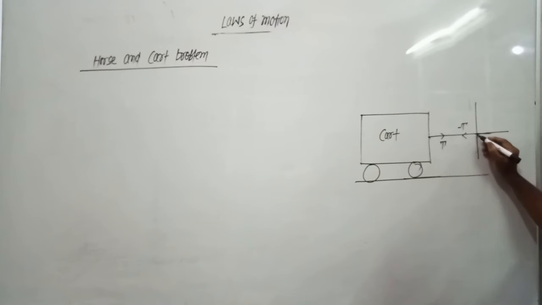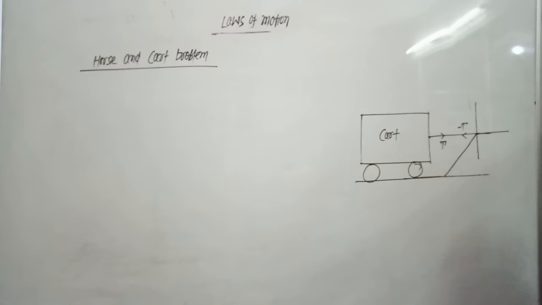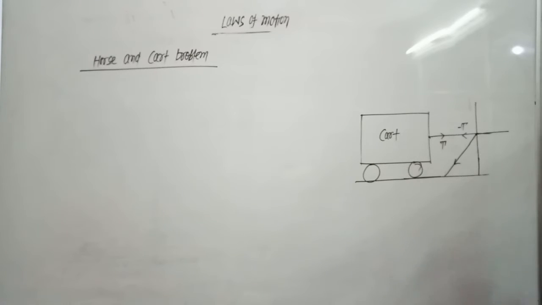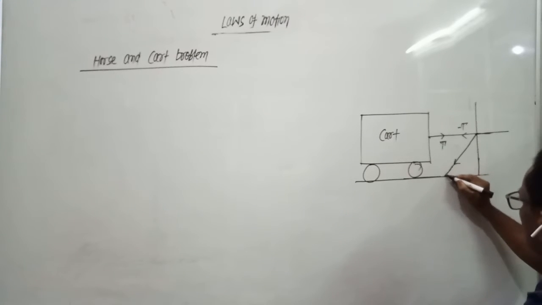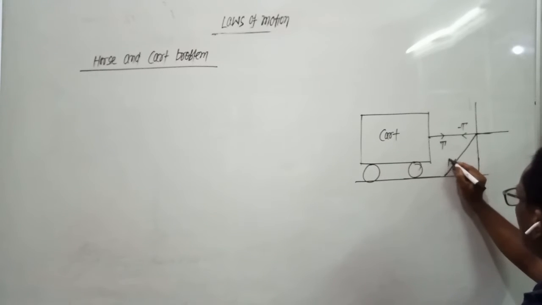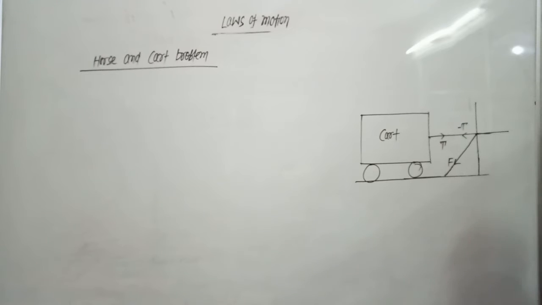Now the horse pushes the ground by his feet in a backward direction. The force acting is F, and the earth applies a force on the horse in the forward direction, from Newton's third law of motion.